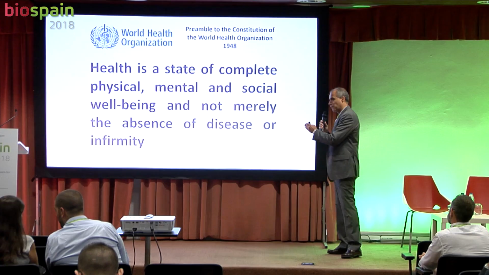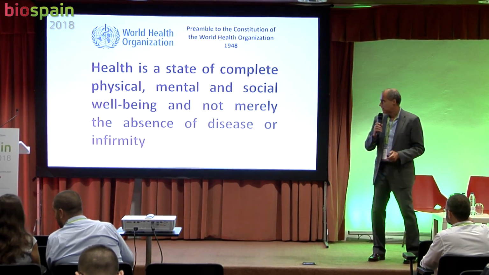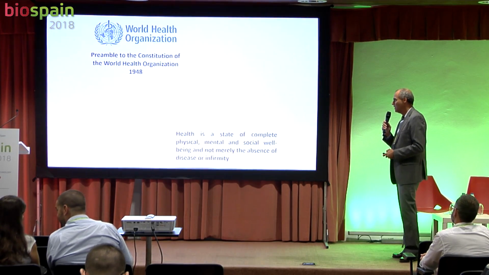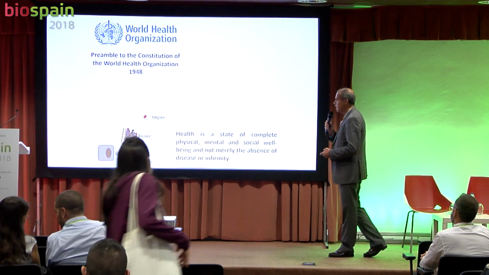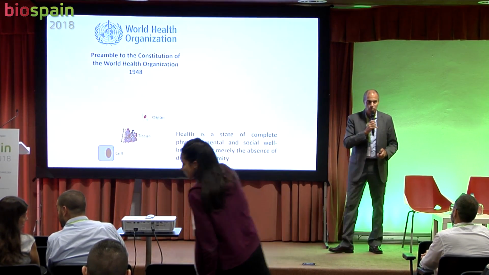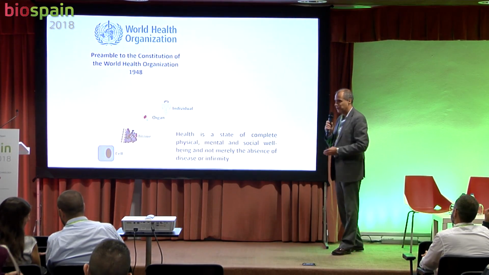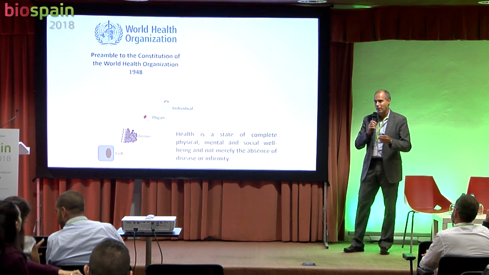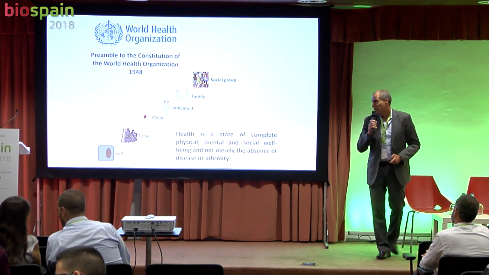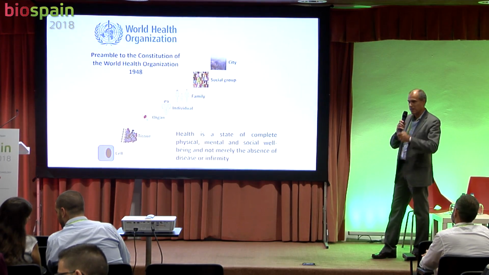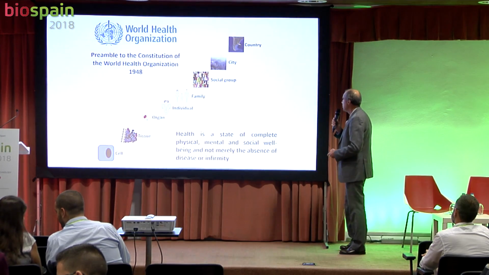So, for the WHO and for every doctor, a healthy state is a complete state of well-being of a DNA inside the cell that is part of a tissue that forms an organ that together with other organs forms a system biology called a human body that with the psyche will form a unique individual living inside the family, part of a social group, living in a particular geographical region inside the world.